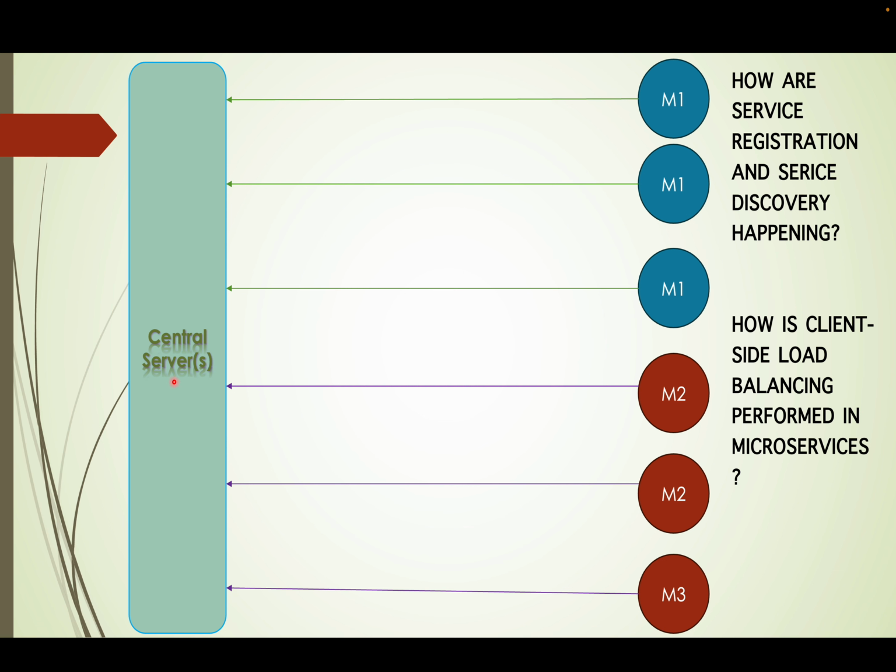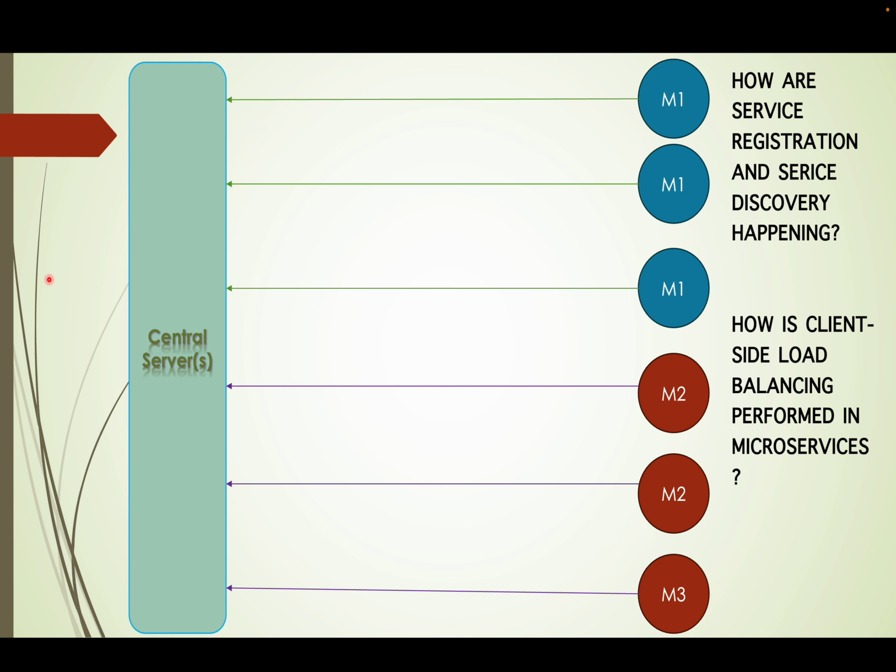So what is the gossiping protocol? Suppose I have central servers C1 and C2. The first instance of M1 sends information to C1, and the second and third instances of M1 send information to C2. So what will happen? C1 and C2 follow the gossiping protocol.